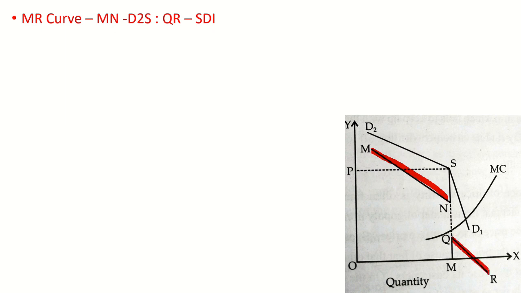These are the two parts of the marginal revenue curve, and this MN portion represents the marginal revenue curve of D2S, and this QR represents the marginal revenue curve of the SD1 demand. Actually, we know that the demand is divided into D2S and SD1.